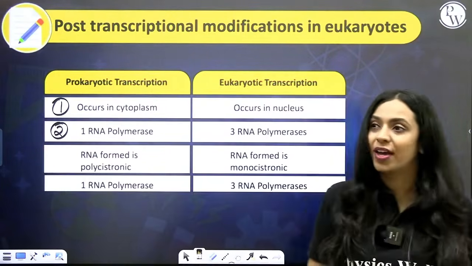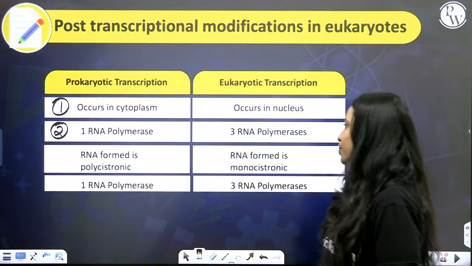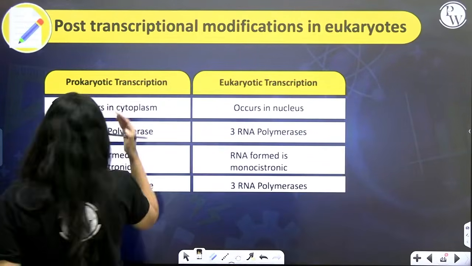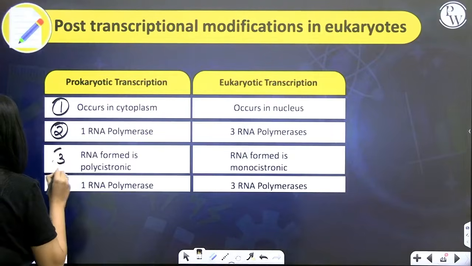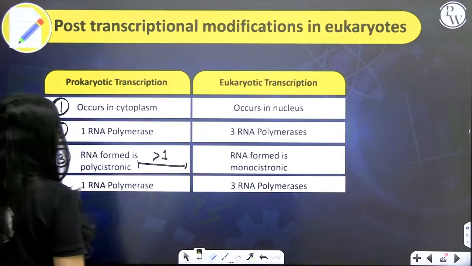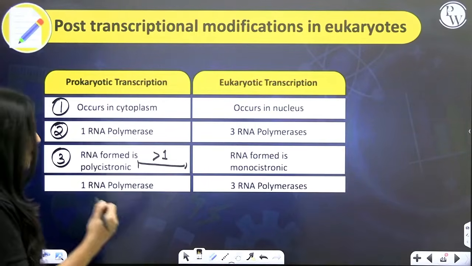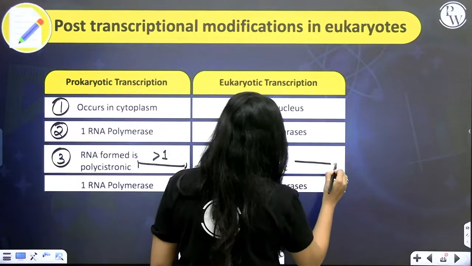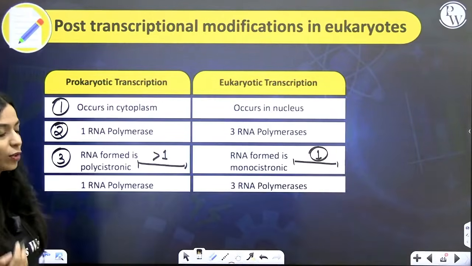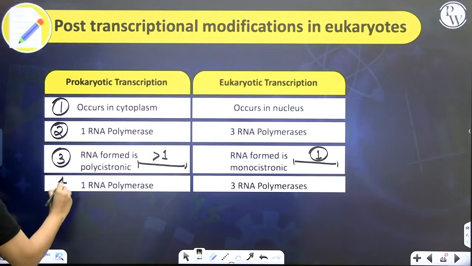When it comes to eukaryotes, we have at least 3 different types of RNA polymerases. The RNA that is formed as a result of prokaryotic transcription is polycistronic, meaning the same segment will have information for more than one polypeptide. Whereas in eukaryotes, it's monocistronic. It will have information for only one polypeptide, and that also is split.